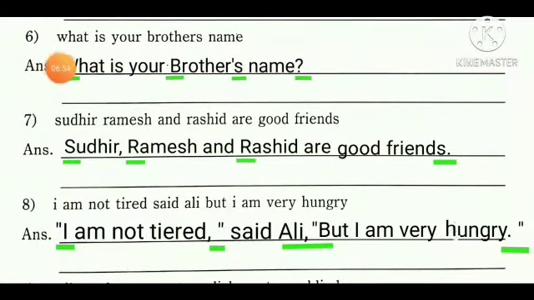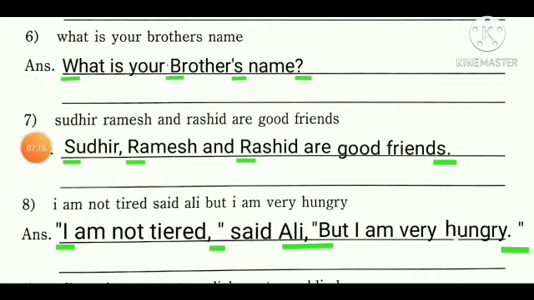Sixth number: what is your brother's name? It is a question. So W is capital, brother's B is capital, here is apostrophe S, and at the end a question mark. That is exactly the punctuation we have used.